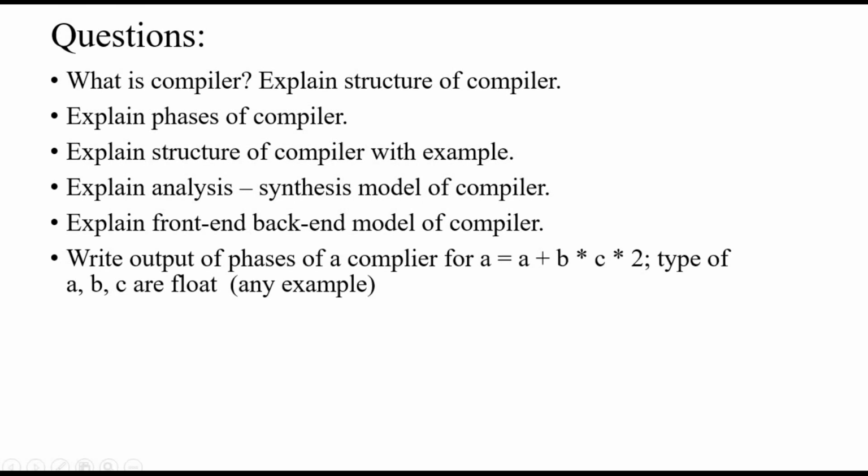Then plus, the addition sign, then b is identifier 2, then the multiplication sign. For c, it's identifier 3, next the multiplication sign, then the number 2. So these types of examples or questions are asked in your exam. Thank you.